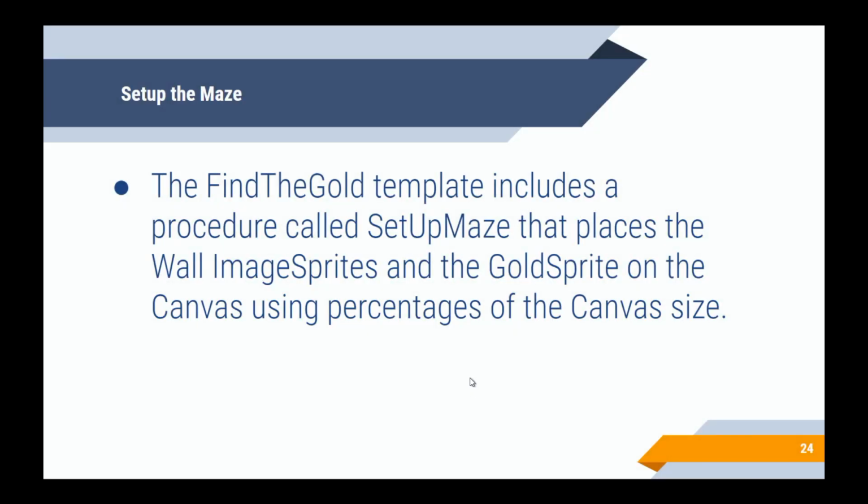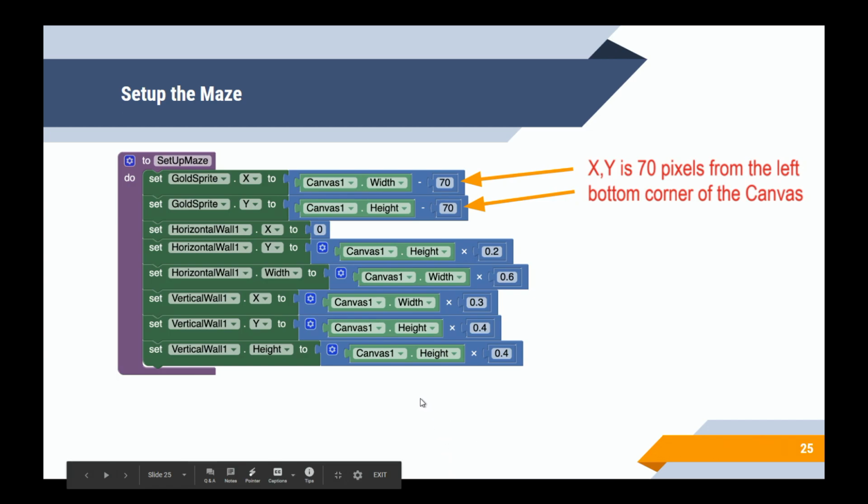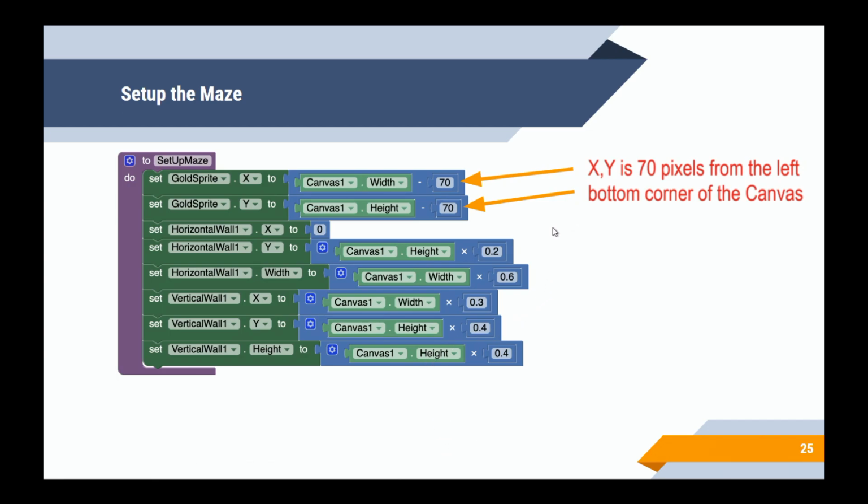The template includes a procedure called setup maze that places the wall sprites, image sprites and gold sprite on the canvas using percentages of the canvas size. Currently X and Y is 70 pixels from the left bottom corner of the canvas.